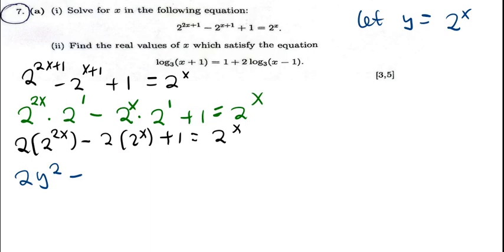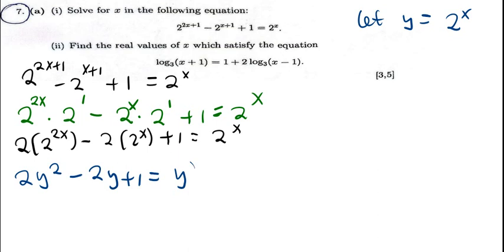Minus 2y plus 1 will be equal to, this will be replaced by just y, sorry, because we are replacing 2 to the power x with y.